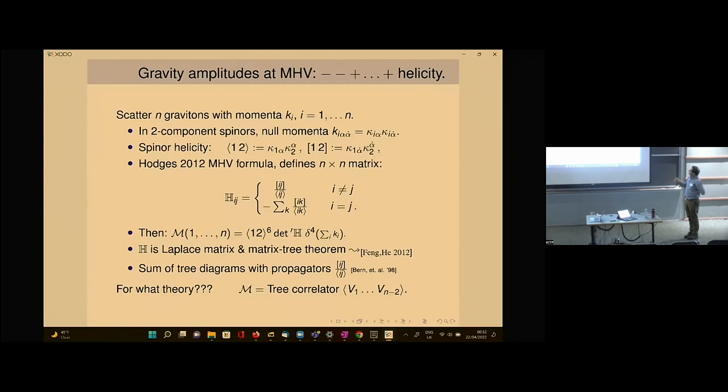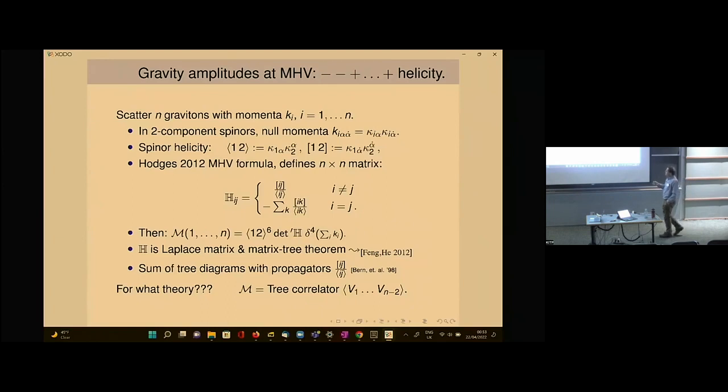And then these are two-component spinors now, these kappas. So there's a pair of spinors for each particle. And in fact, the scaling of the spinor contains the polarization data. So we can use these spinor contractions as the Lorentz invariants that we'll need to build an amplitude.